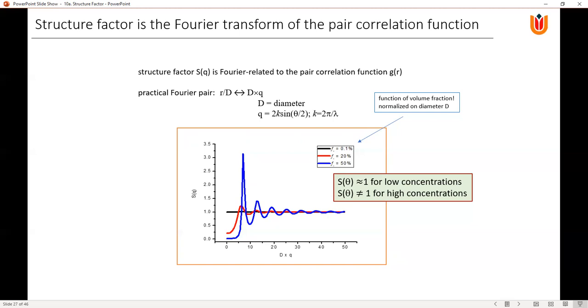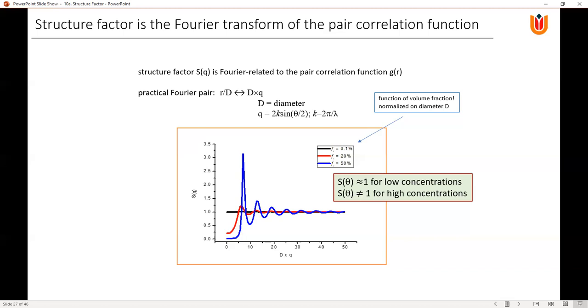What you see is that for low concentrations, that is the 0.1%, that corresponded to this step-function-like pair correlation function. If you calculate it, you will find that the black curve here is almost unity over the whole range.